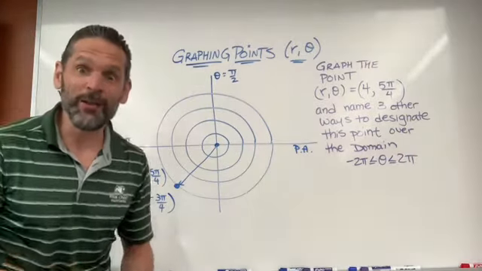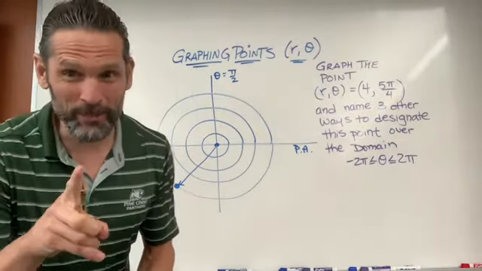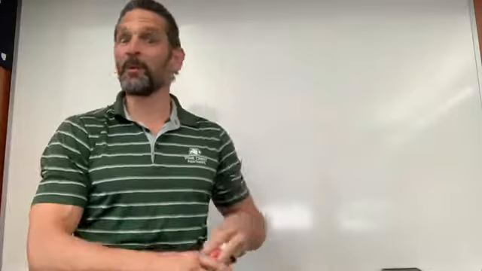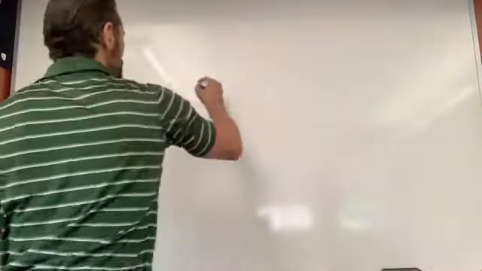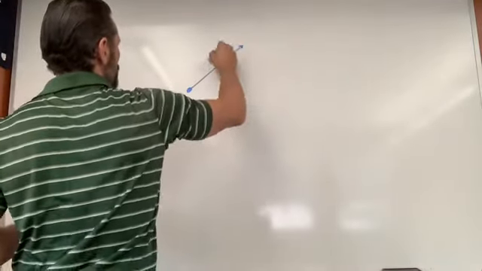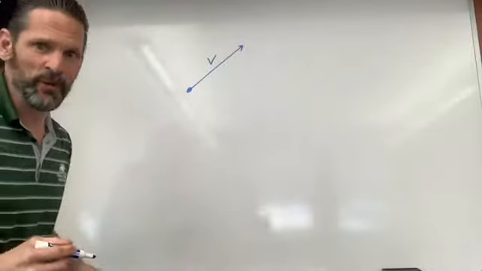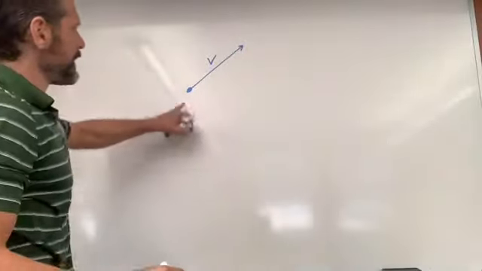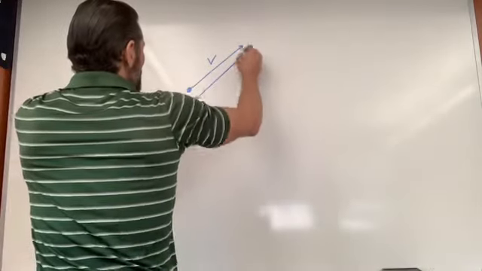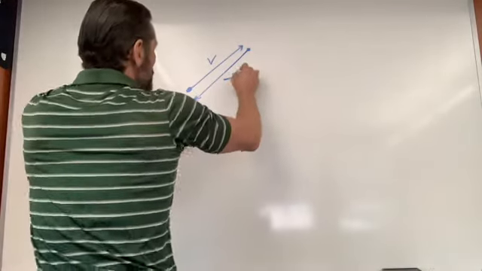To get the other 2, we have to hit the pause button and remember something about vectors. Ah, vectors. We miss you, vectors. Let's talk about vector v. If this is vector v, it's a directed line segment. If that's vector v, we said this one here is the opposite of v.